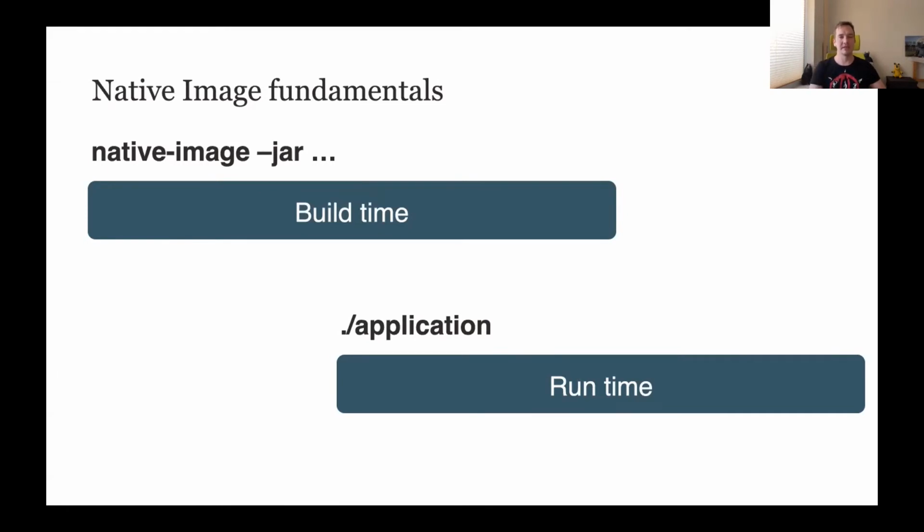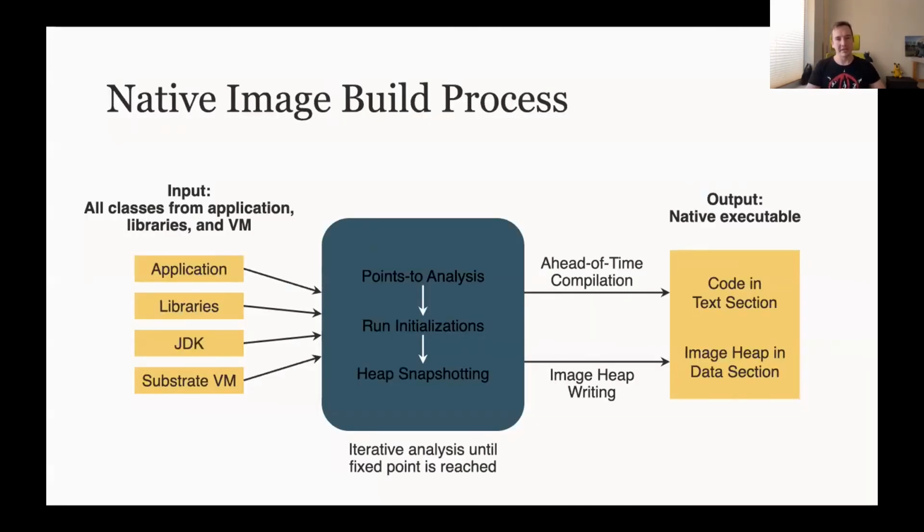Why is that? Because during the build, there are certain very important things that need to happen for the build to succeed, for your application to run later. The input for that is your application: your application classes, libraries, the JDK library classes, and the runtime classes that will be used to provide, for example, the garbage collection implementation for running your application.